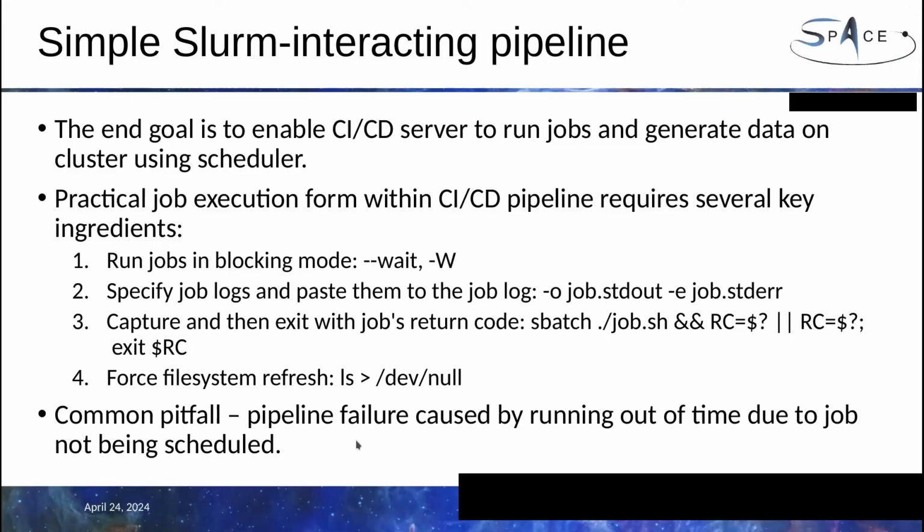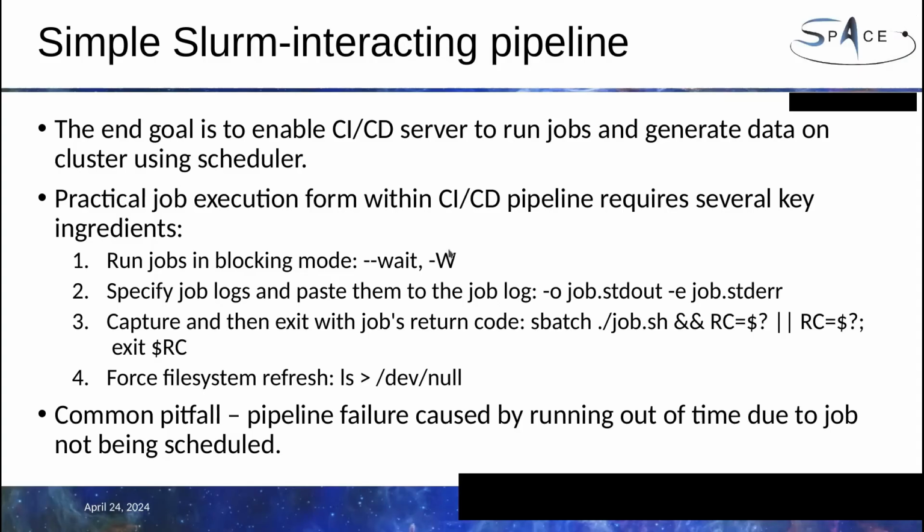So what are the common pitfalls here? One thing I haven't mentioned so far is the pipeline can fail due to running out of time, because as you may know, the time between when you submit the job and when the job starts to get executed can be really long.